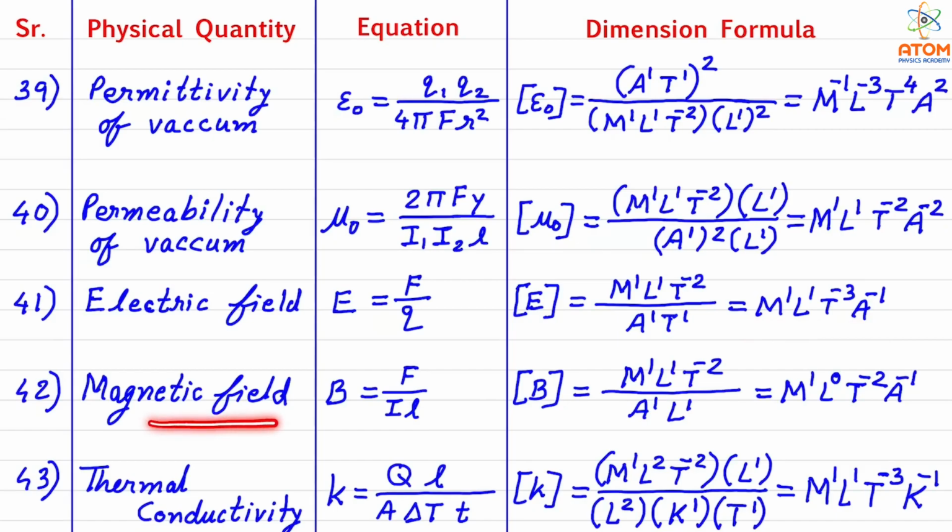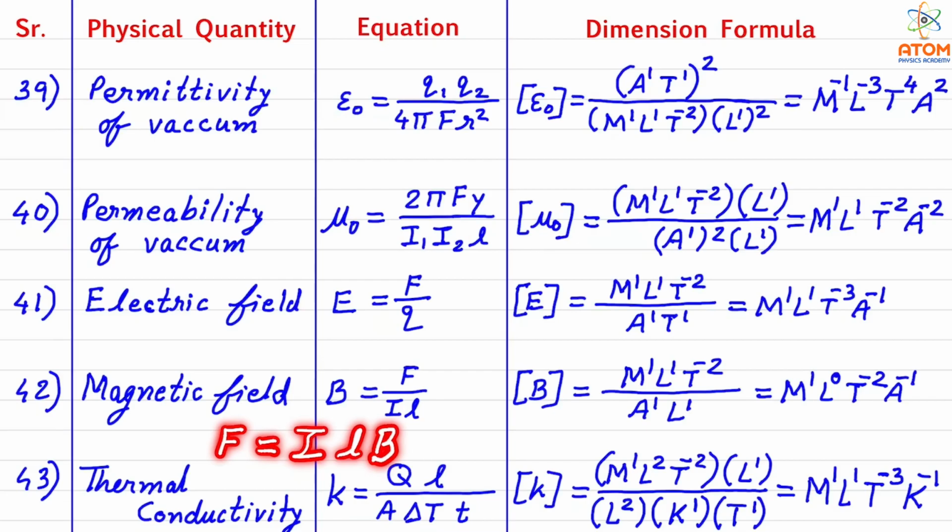Then magnetic field. Magnetic field is B is equal to F upon IL. This is again from one famous equation of 12th standard, that is F is equal to ILB. Whenever we put a current carrying wire of length L in magnetic field, it feels a force. F is equal to ILB.